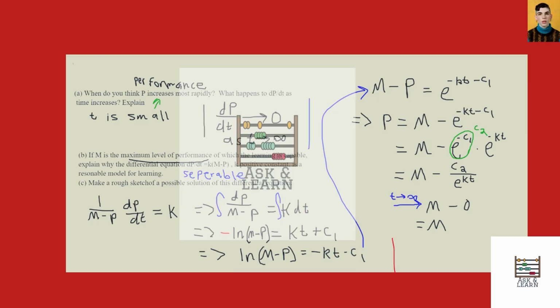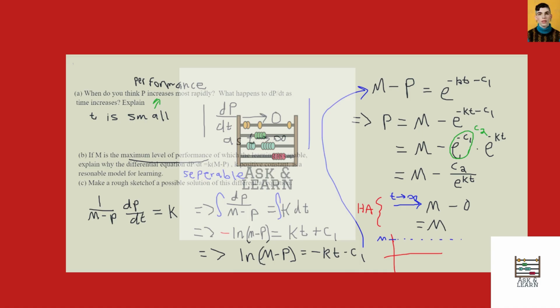All right. And if I were to sketch a graph for this, what this is really telling me is that this is a horizontal asymptote, because I'm looking at the behavior as this function tends towards infinity. So at M, I have a horizontal asymptote.